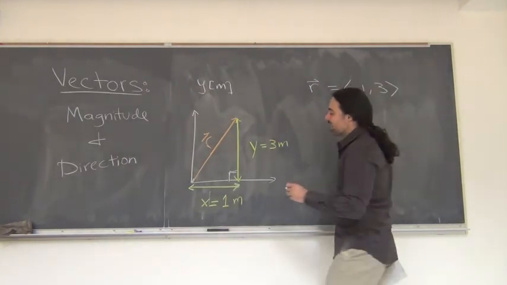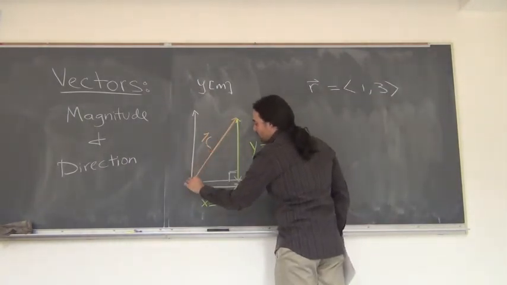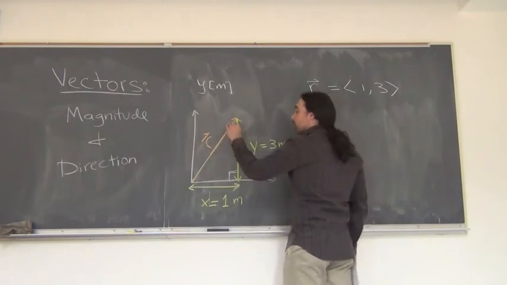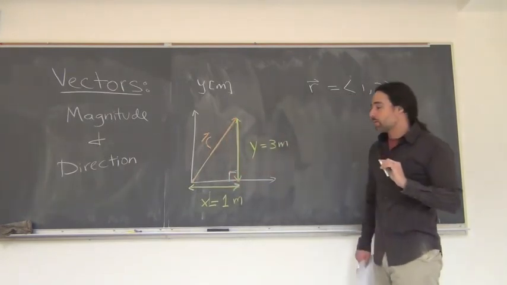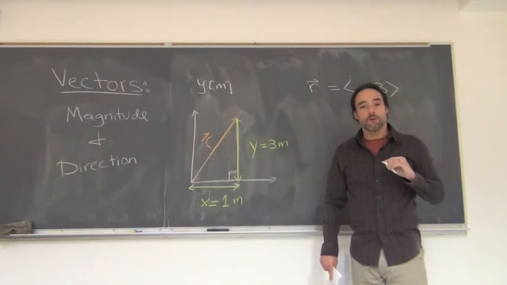I can do that pretty easily because my components were perpendicular to each other, the x and y were perpendicular to each other, so we have a right triangle.